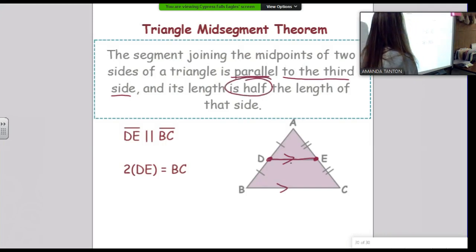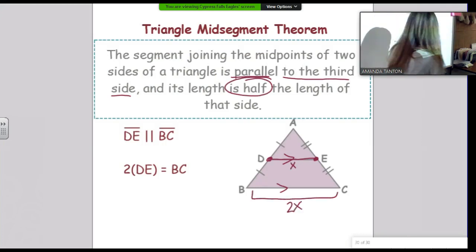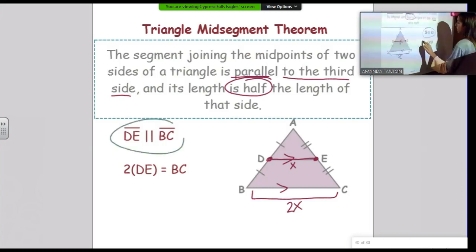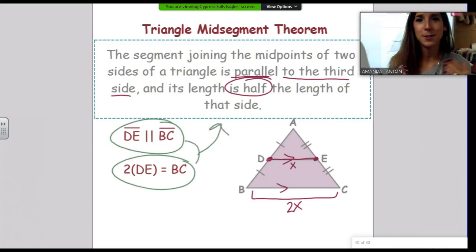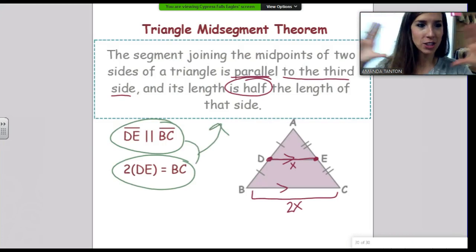So if this is x, then this would be 2x. So these two relationships right here are just really saying what's in gray, but doing it in math language. So we've got it in English and in math language.